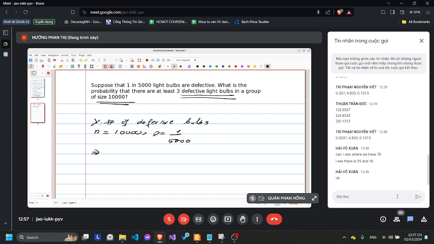So of course S must follow the binomial distribution with n and p, because we are counting the number of events among a sample of n independent trials. This will be the binomial distribution.